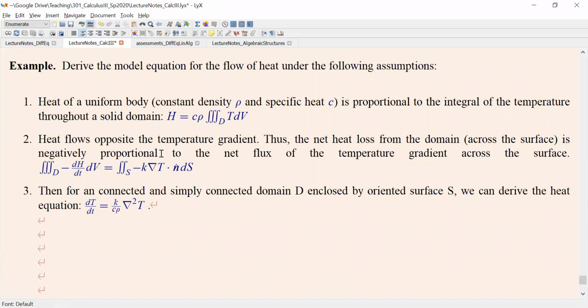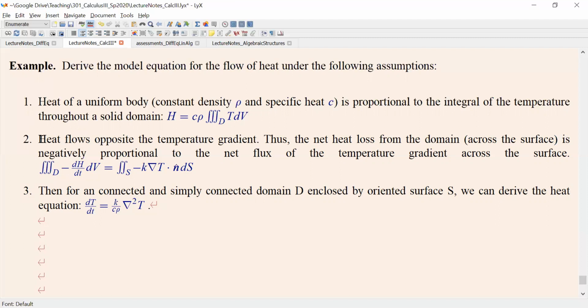Okay, the second assumption is that heat flows opposite the temperature gradient. Now, this is a classic assumption that we see verified in nature around us. This is how the gravitational vector field works. It pulls objects in the direction opposite of the gradient of the gravitational potential. It pulls things in, even though the gravitational potential is getting greater and greater as we go out.